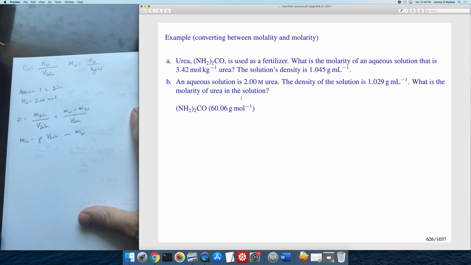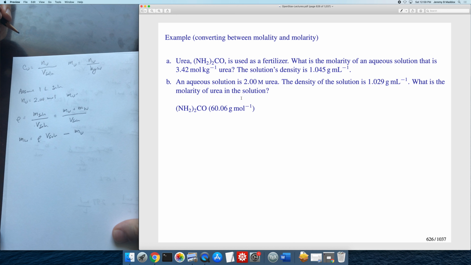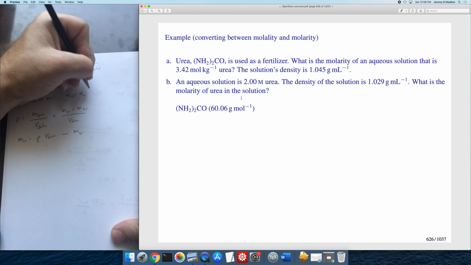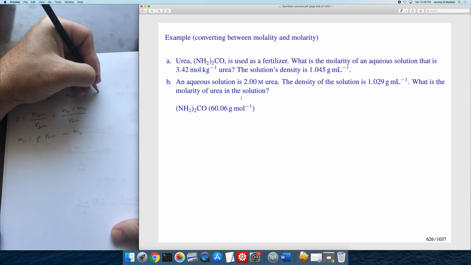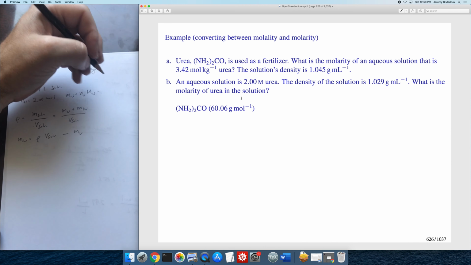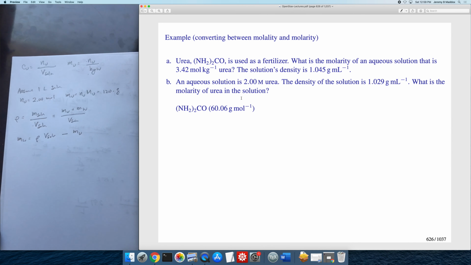The mass of the urea is going to be equal to the number of moles times the molar mass. Okay, the molar mass is 60.06 grams per mole, times 2. So we'll take it as 120 grams.